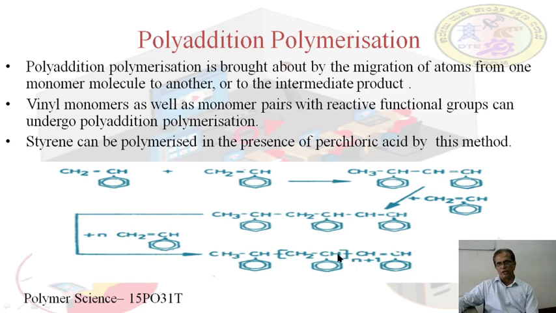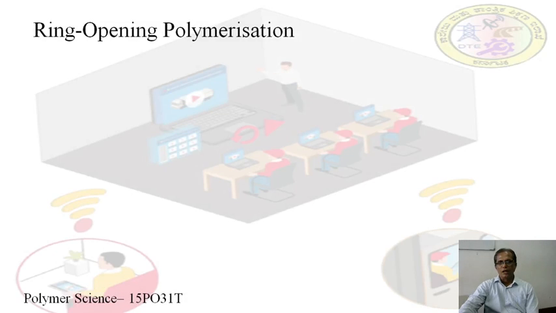This is the repeating unit, and at the head end there will be a CH3CH molecule of styrene with one more hydrogen atom, and at the end there will be CH C6H5, that is at the tail end of the reactant. That is the speciality of polyaddition polymerization.